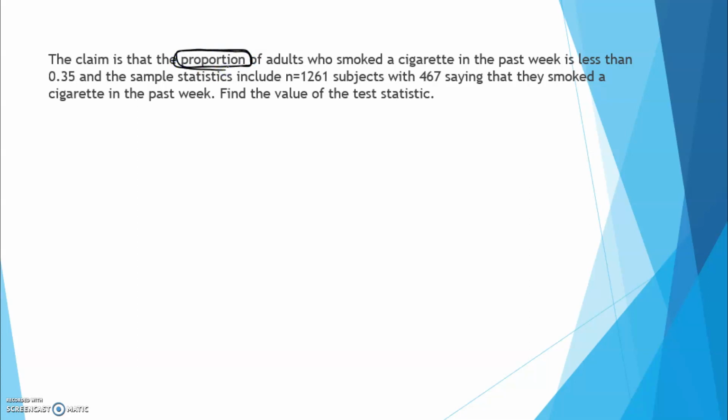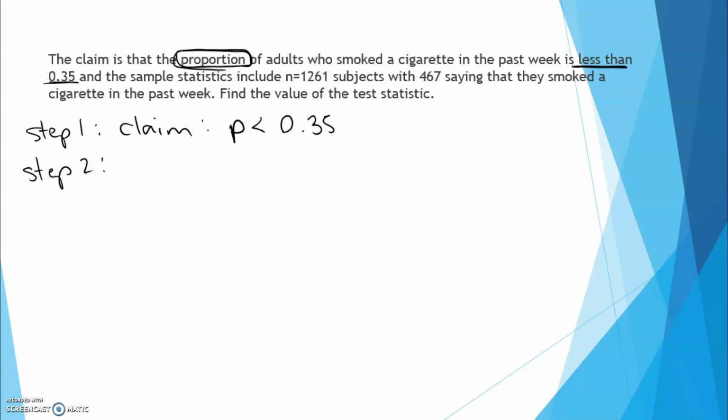So I will still be finding a z-score. We're going to go through steps 1 through 5, skip 4. So step 1, find the claim. The claim is that the proportion of adults who smoked a cigarette in the past week is less than 0.35. Okay, so P is less than 0.35.